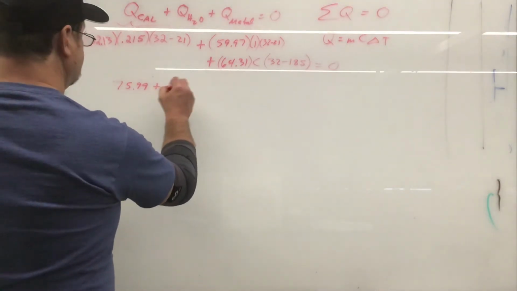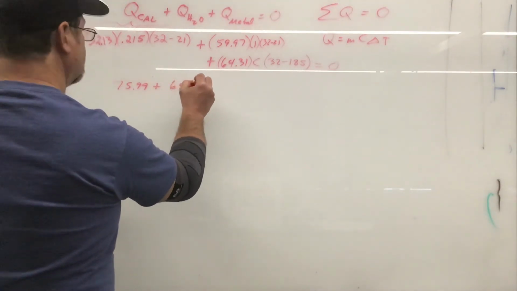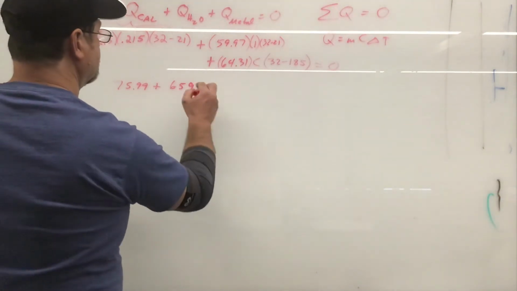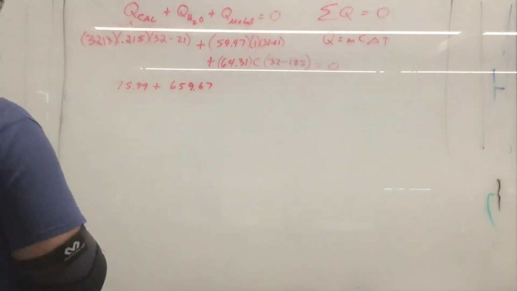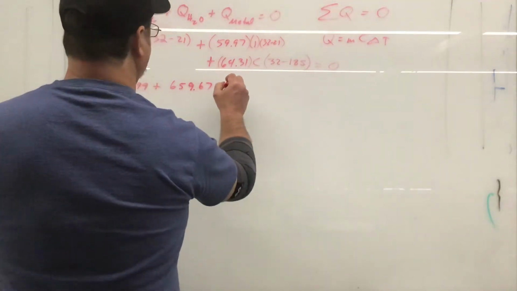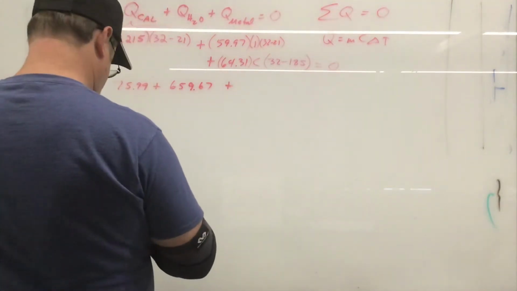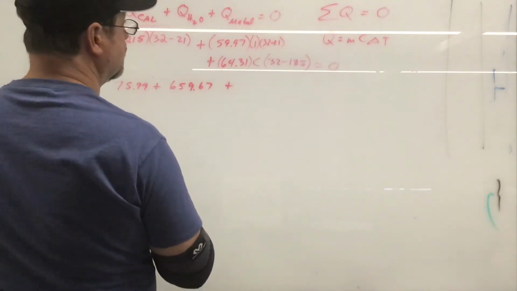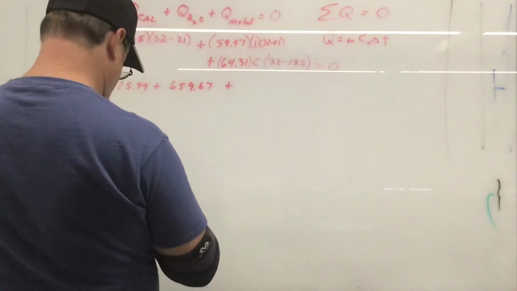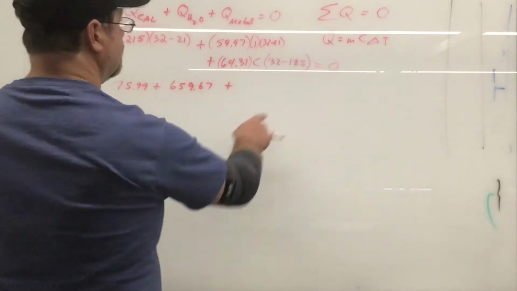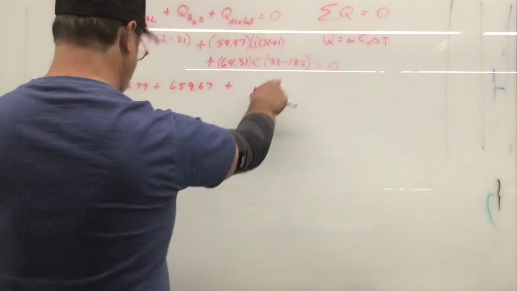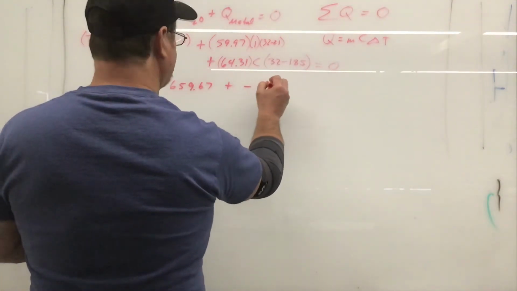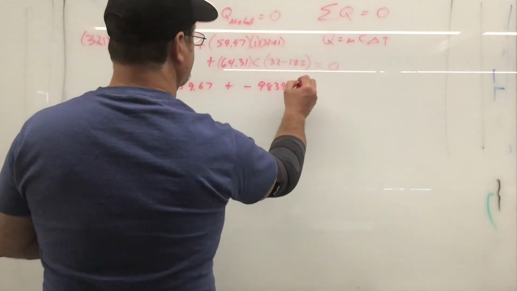So that's 659.67. Plus, I have 64.31 times C times the difference there, which is 153, and it's negative, so I get negative 9839.43 C.